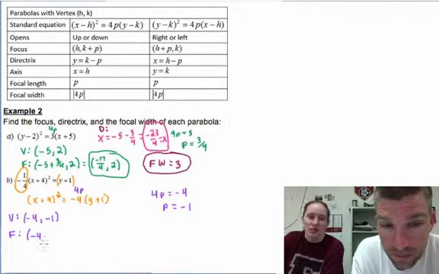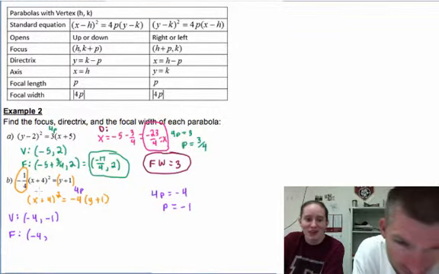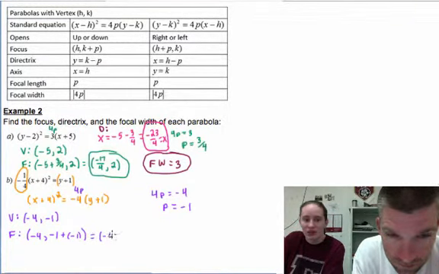So k plus p is negative 1 plus negative 1, which is negative 2. So the focus is negative 4 comma negative 2.